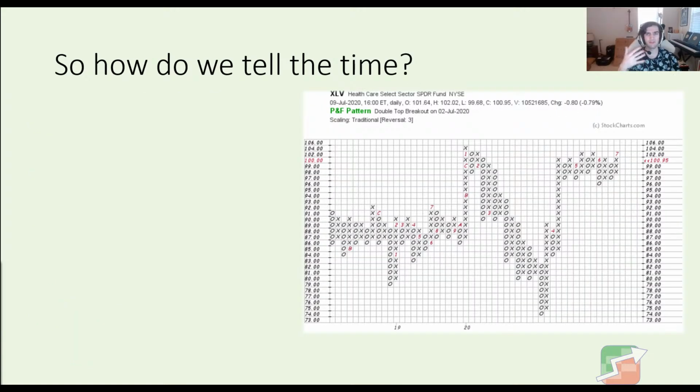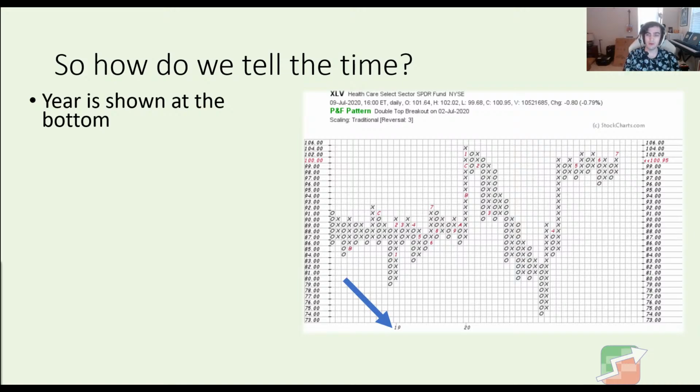How do we tell time on a point and figure chart? Because again, there may be a month, 2 months, 3 months that we have no information for. It's not that the market closed and this stock went on vacation for 3 months. It's that there wasn't enough price for us to care. So how do we actually tell the time on point and figure?